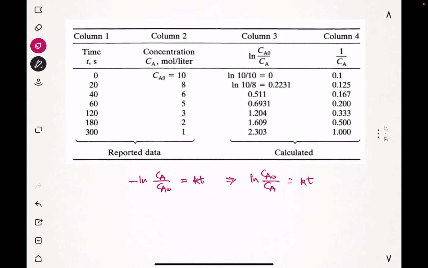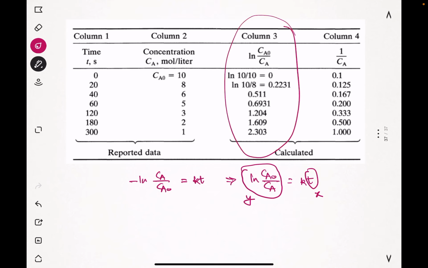So if we plot this one, instead of just ln CA, we can plot this on the y-axis and t on the x-axis, and the line should go through the origin. If it is a straight line, then we can say it's first order kinetics. So we'll be using this column and this column.